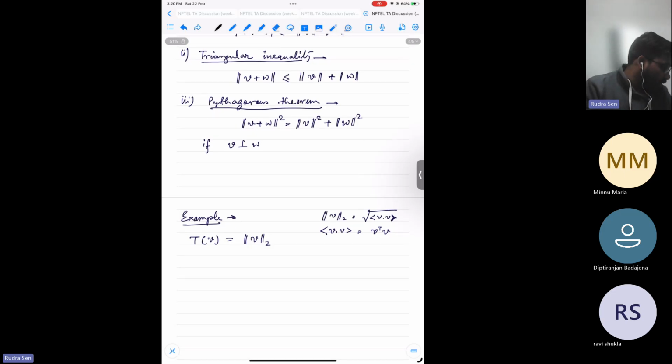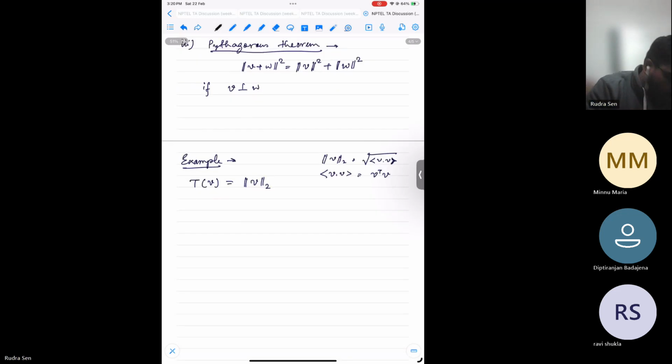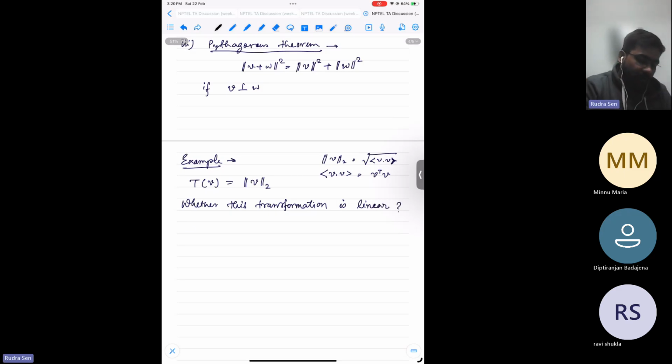And the question is whether it's a linear or non-linear transformation. So the answer is no, this is not a linear transformation. Why is it not linear?